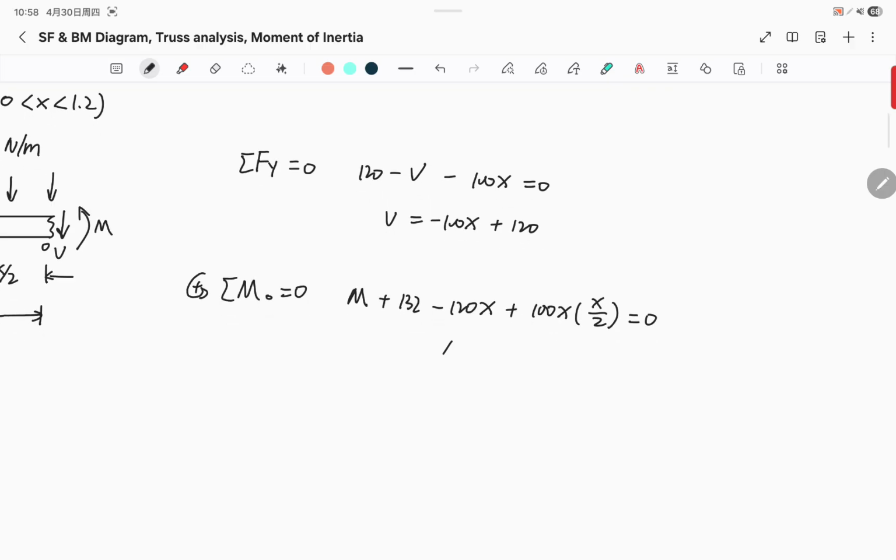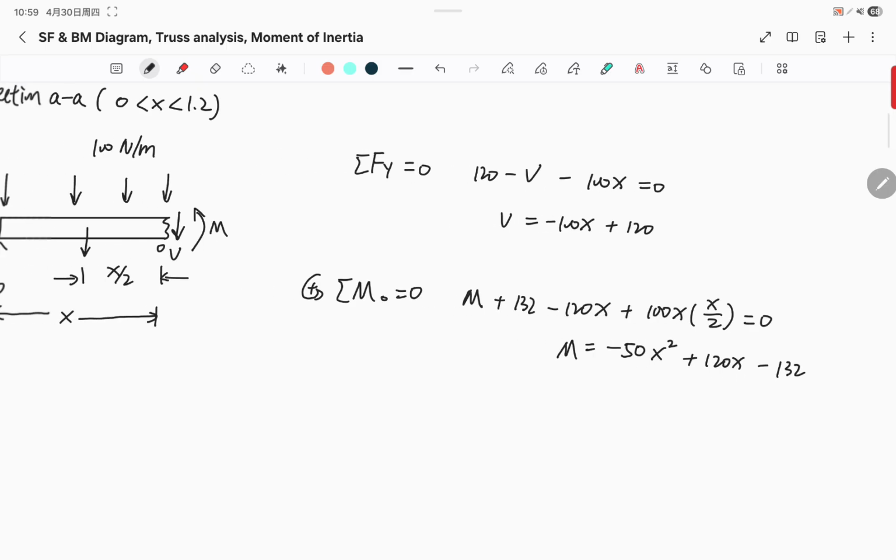And then we're going to isolate M. So M is equal to negative 50x squared plus 120x minus 132. So these are the equations for section AA.